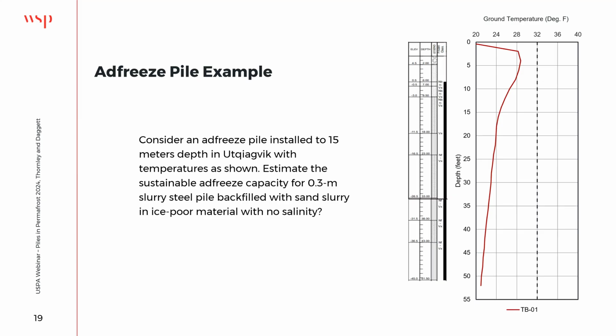So in design, we would truly want to consider our summer temperatures, where our active layer is, and what this might look like in the future. But for our example, we're going to run with this number of a cold permafrost, which is going to be installed in a silt and sand material, which would be found to be ice poor with little salinity.